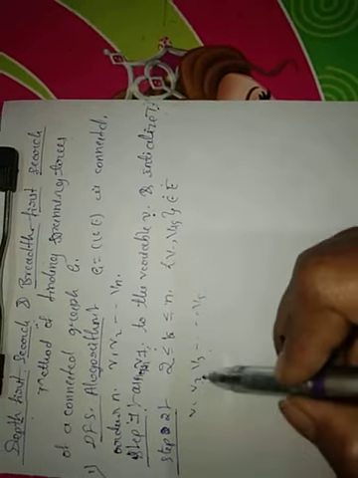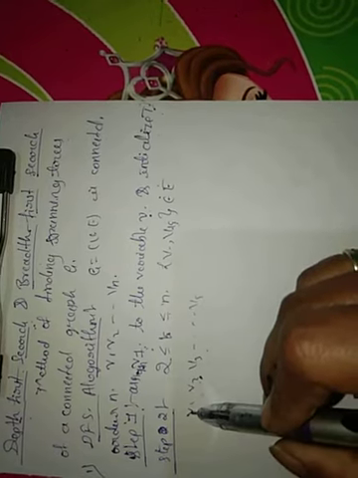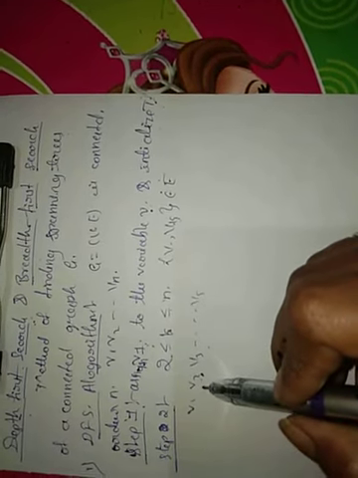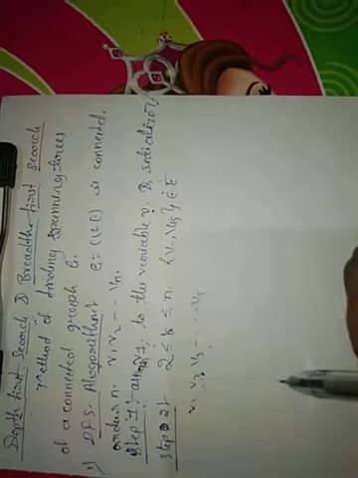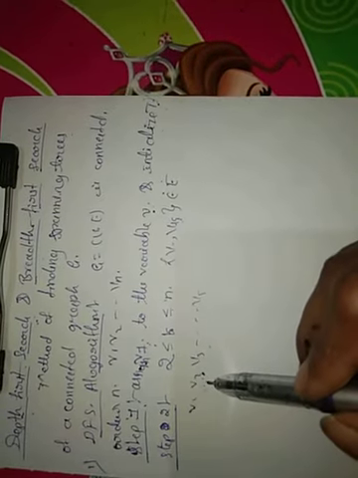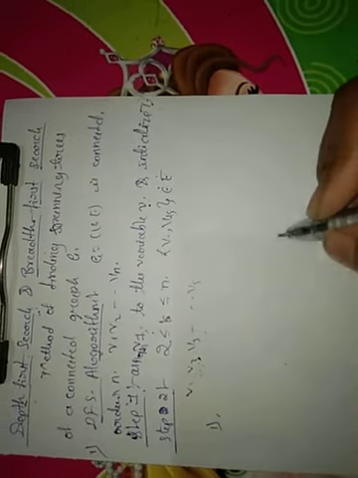Suppose V2 has already been included, then we go to step 3. Suppose it is not included, then we move to the next step.